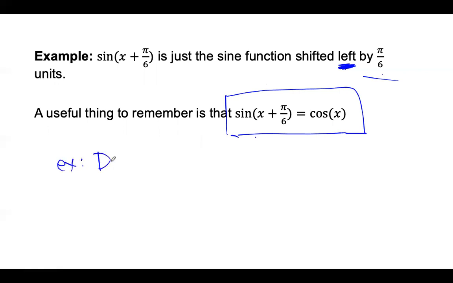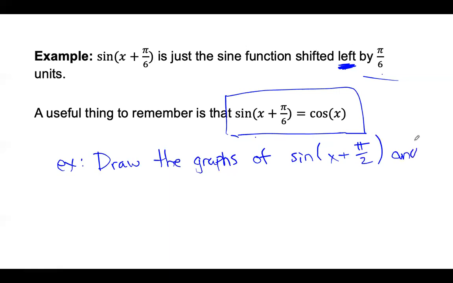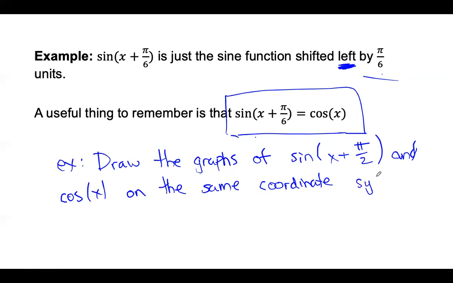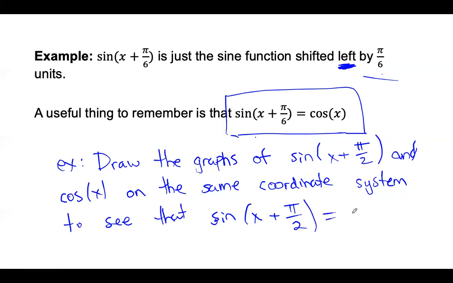As an exercise, if you wish, you could draw the graphs of sine of x plus pi divided by 2 and cos of x on the same coordinate system, to check that sine of x plus pi divided by 2 is equal to cos of x.